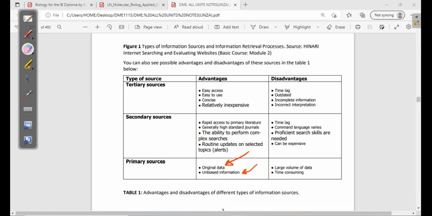So now let's talk of the disadvantages of this kind of information, which is the primary sources of information. What would they be? The disadvantage is that the data is too large. There are just too many large volumes of data.